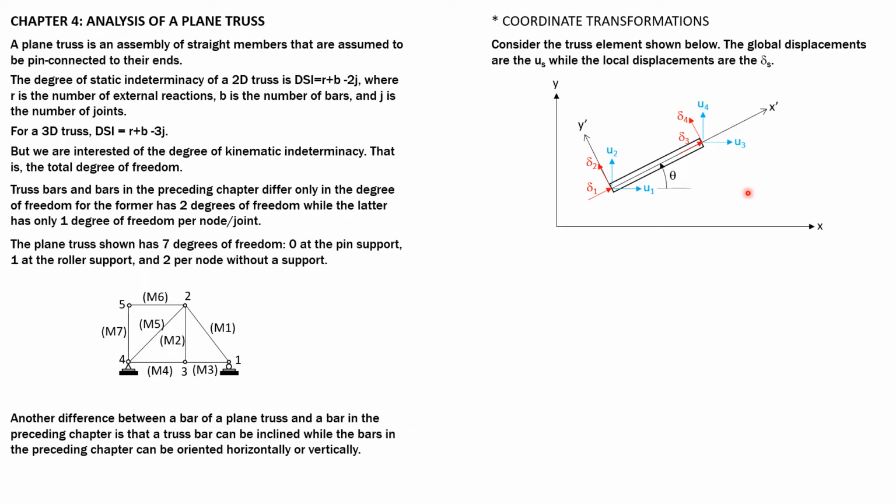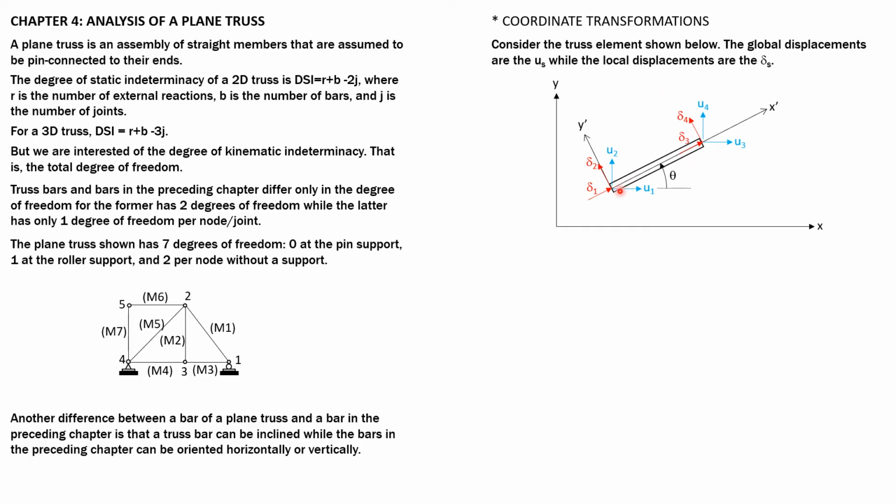Take note that a truss member is actually an axially loaded member. So the forces on a truss member will be along the axis of the member. There's no component of force perpendicular to the axis of the member.